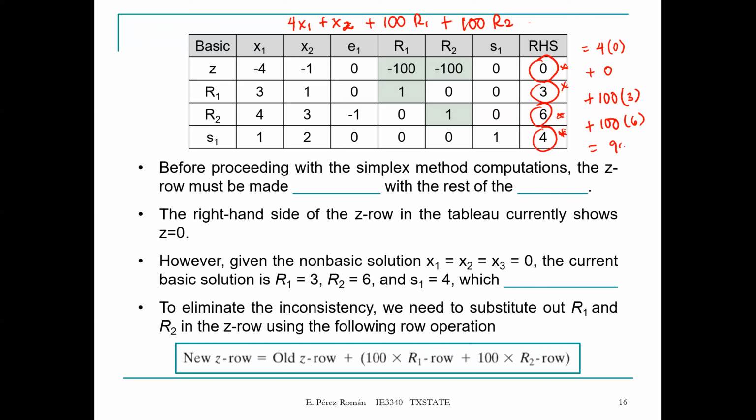So this is equal to 900. Right now that is not shown here. If we have a value of R1 equals 3 and R2 equals 6, then to make this consistent, we need to make sure that this value is 900. So that's not showing up.